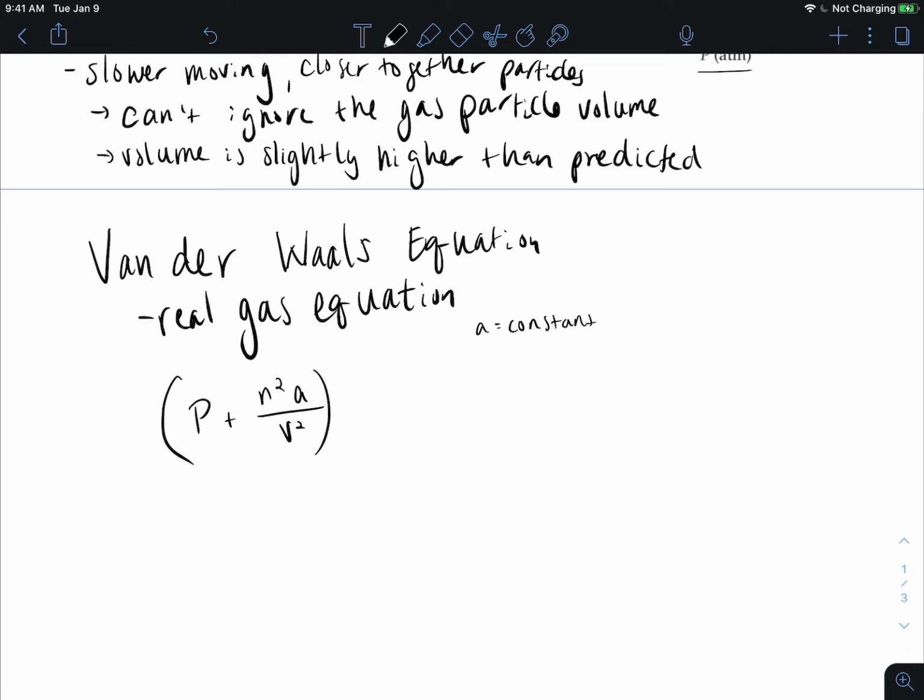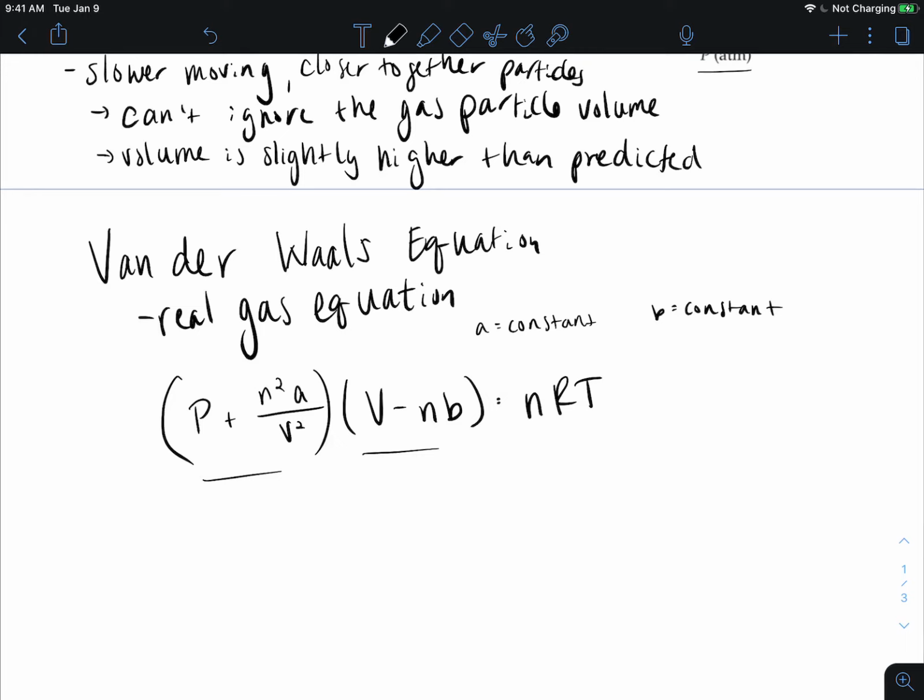So we're going to add a term to account for the lower pressure, and then volume minus nb, where again, n is our number of moles, and b is also a constant. Both of these constants are going to be dependent upon the gas. I'll talk about them in just a minute. And then this is going to be equal to just nRT. So we're going to change our pressure and our volume term in this case.